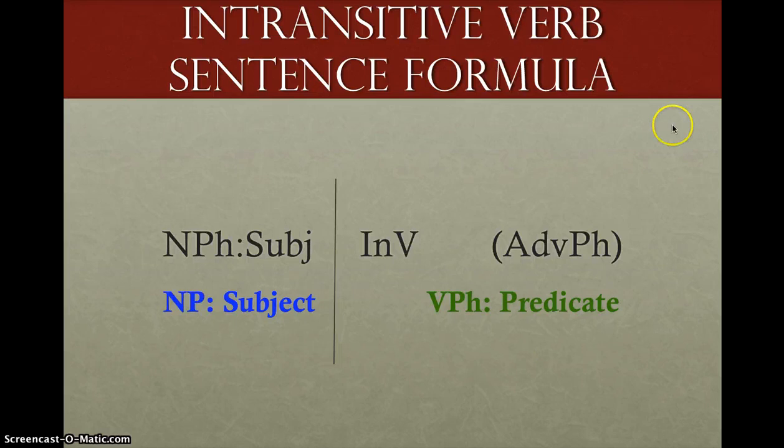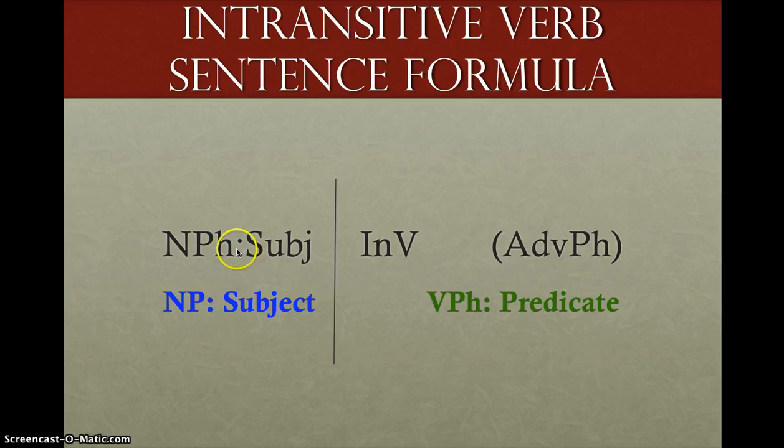Woohoo! Intransitive verb formula. Every type of verb has a different sentence formula. Every sentence will start with a noun phrase, subject. That's just what we have, noun phrase, subject. But every predicate will look slightly different. When we are working with an intransitive verb, and this is my shorthand for intransitive verb, INV, okay?